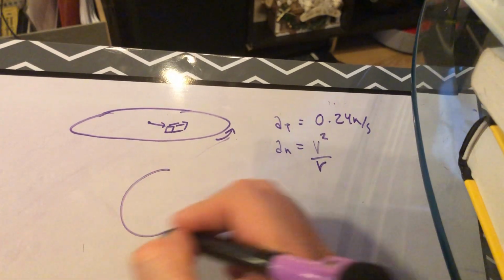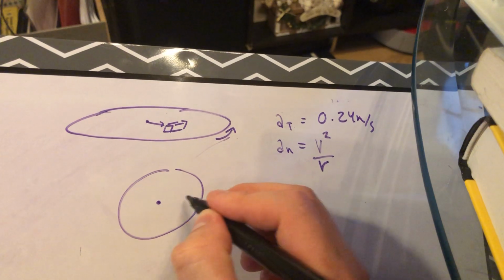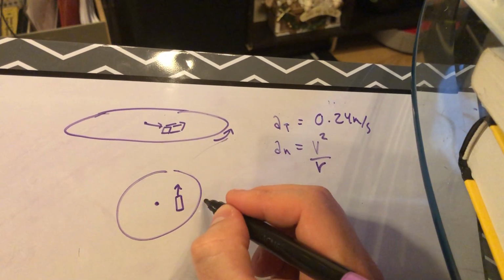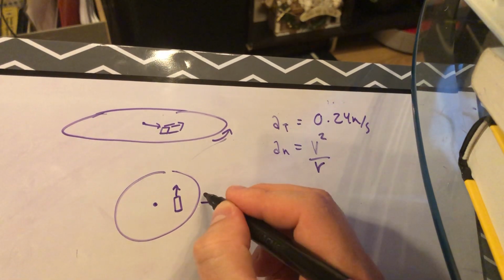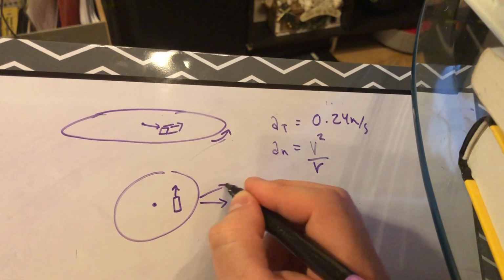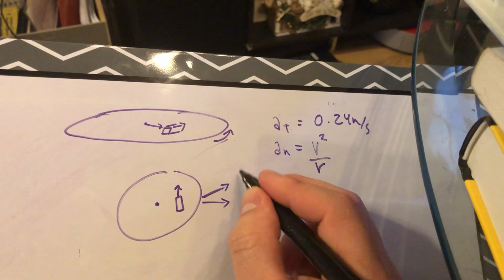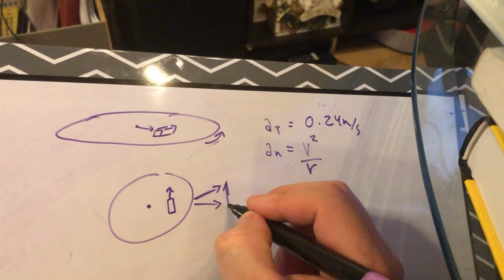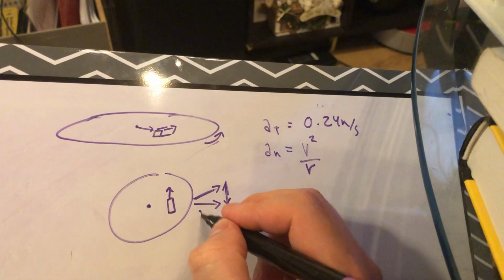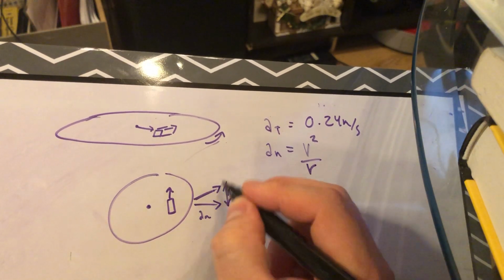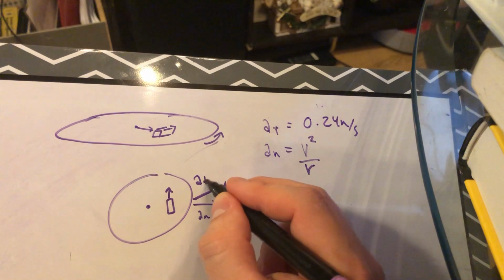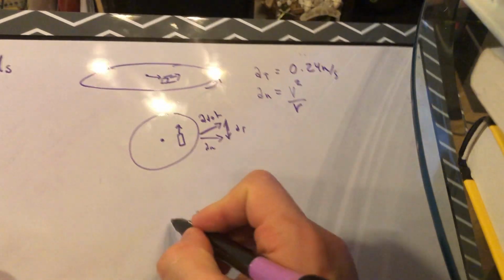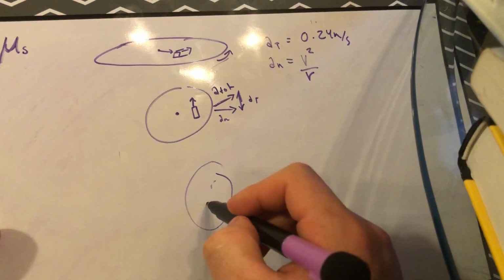If we look at it from the top, we're going to have a normal component, a tangential component, and the total.